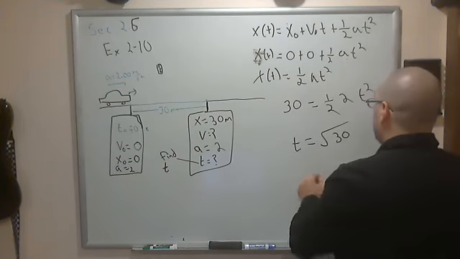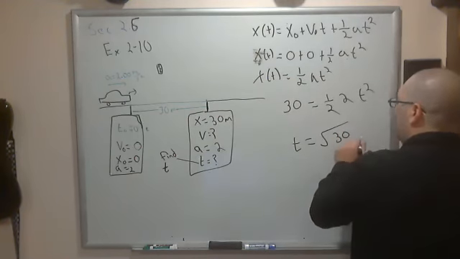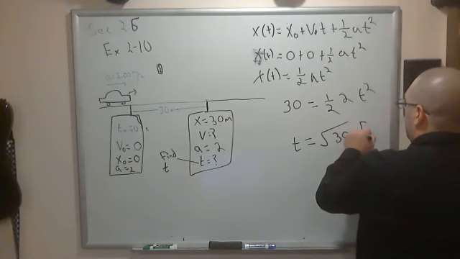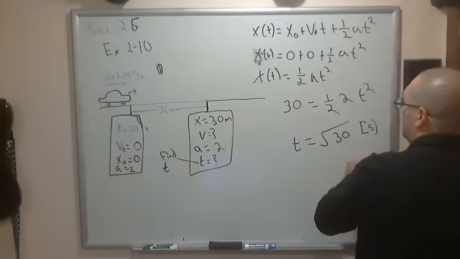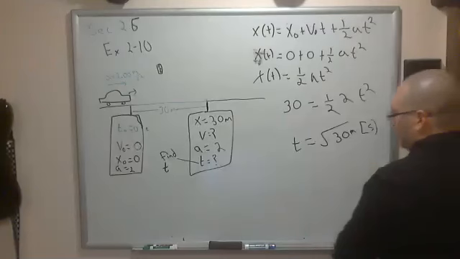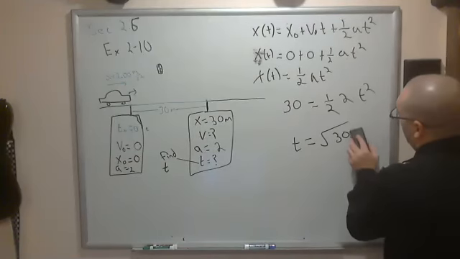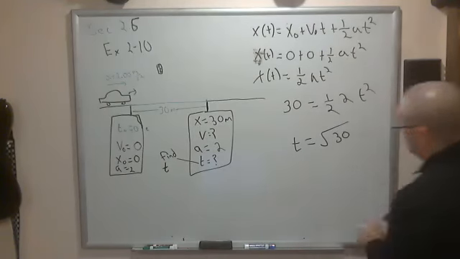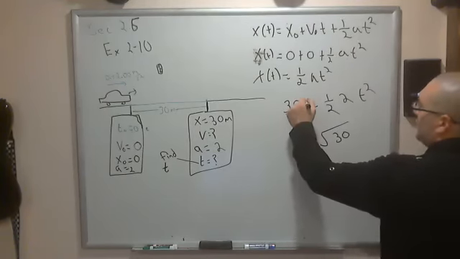Seconds. Yes, it will be in seconds. This is actually in meters right now. All right, so let me explain that. Thank you for actually pointing this out. So we have 30 meters, right?